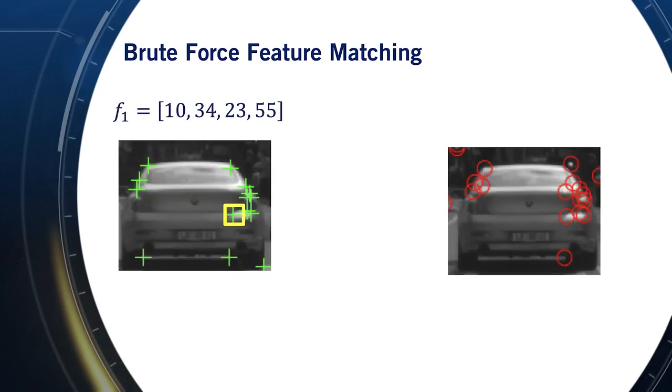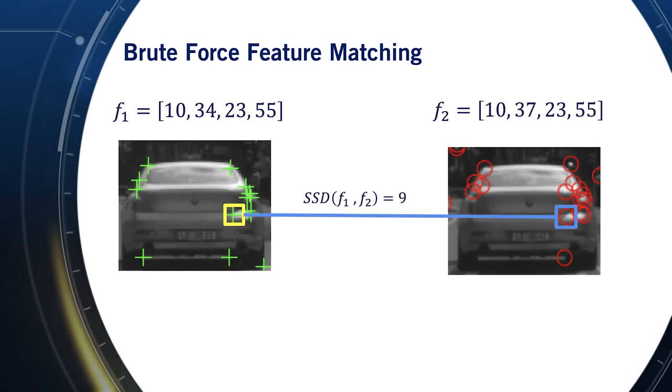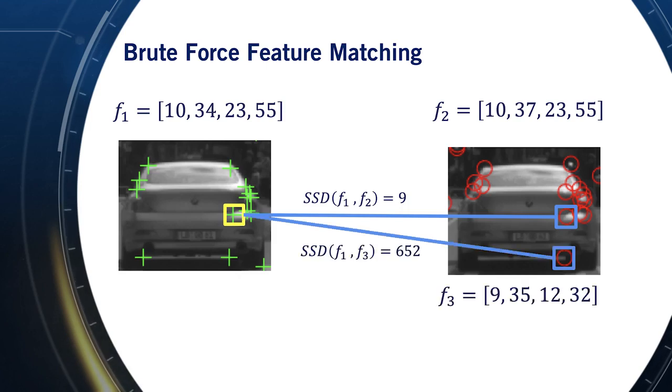Let's look at our first case and see how our brute force matcher works in practice. Consider the feature inside the yellow bounding box. For simplicity, this feature has a four-dimensional descriptor, which we'll call f1. Let's compute the distance between f1 and the first feature in image 2, which we'll label f2. We get a sum of squared difference, or SSD, value of 9. We then compute the distance between f1 and the second feature in image 2, which we'll label f3.